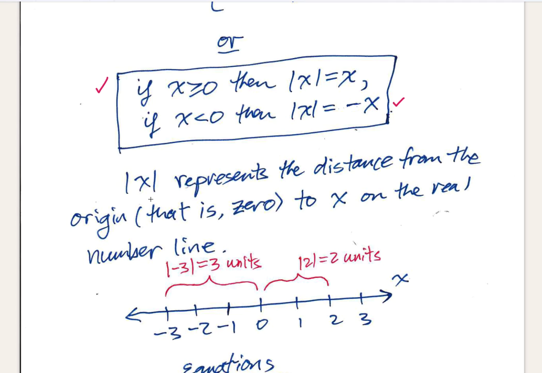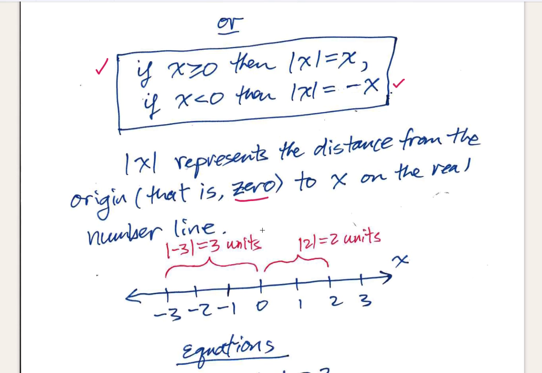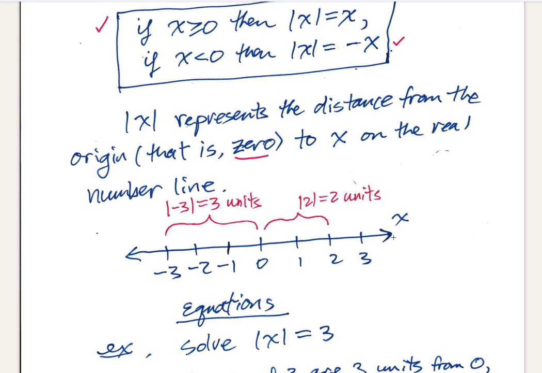The absolute value of x represents the distance from the origin, that is 0, to x on the real number line. You can see that I've got examples here on the real number line. Let's consider negative 3 here. Negative 3 is 3 units from 0, therefore the absolute value of negative 3 is 3.